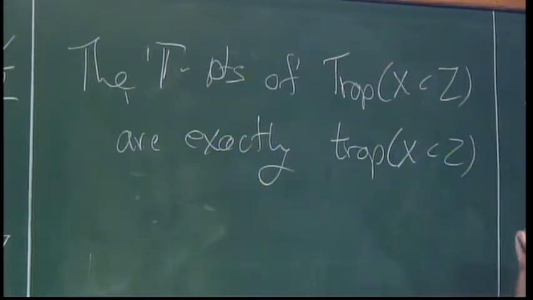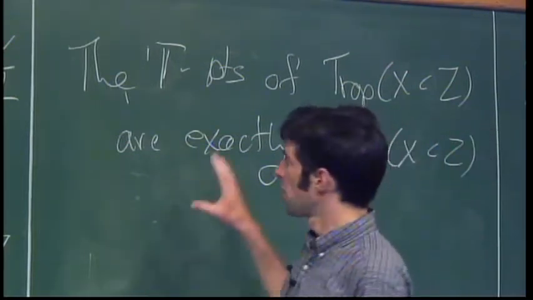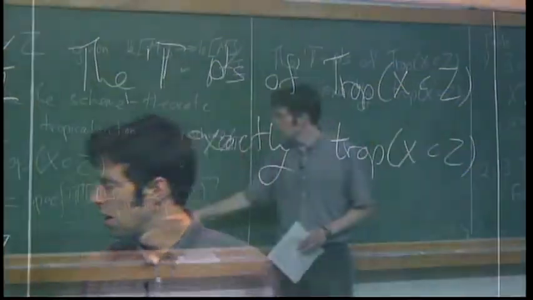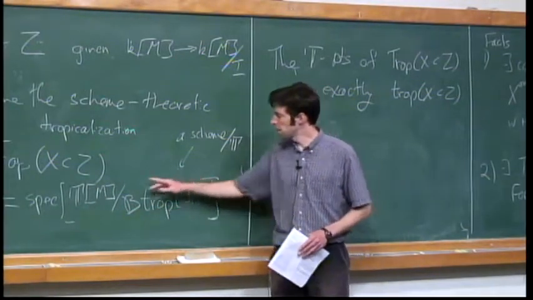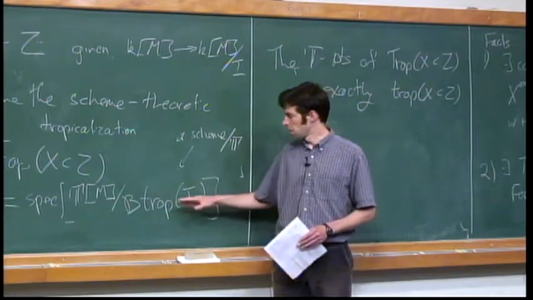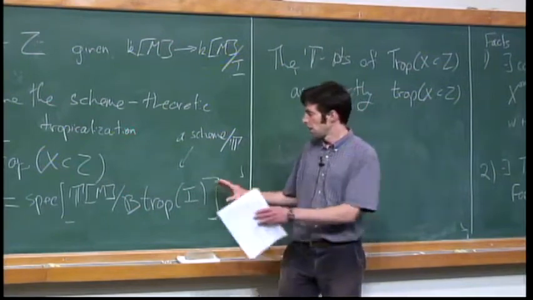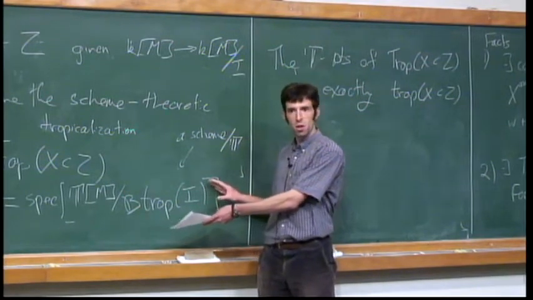Now, I want to say a few words here before I move on to doing something with this and making some interesting observations. So the first is, this scheme theoretic tropicalization is carved out by this system of equations here, the bend relations applied to all the elements in the tropicalization of I. These systems of equations are called congruences.